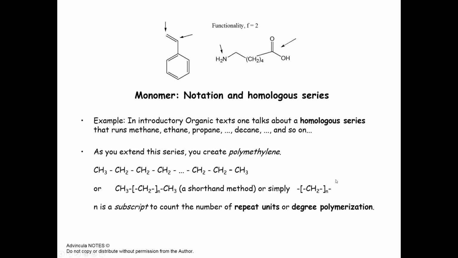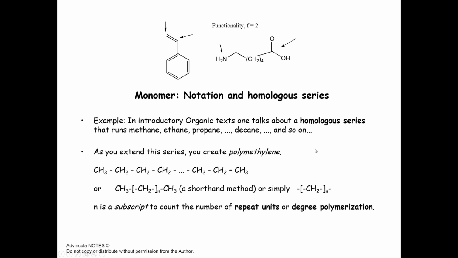Yet another simple example is the alkane series, or what we call methylene, or simply polymethylene, meaning a hydrocarbon like methane, ethane, propane will give you a gas, a liquid, and then larger molecules will give you a wax, and then even larger molecules will simply give you a solid polymer. And polymethylene is not easily prepared, but an equivalent or analogous molecule is polyethylene.